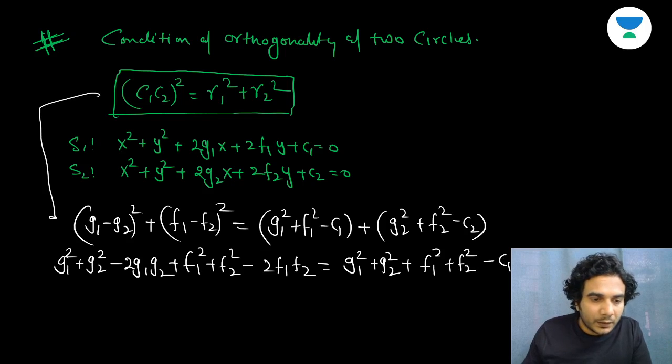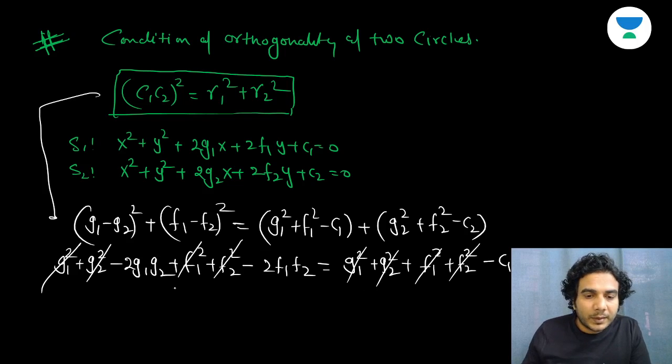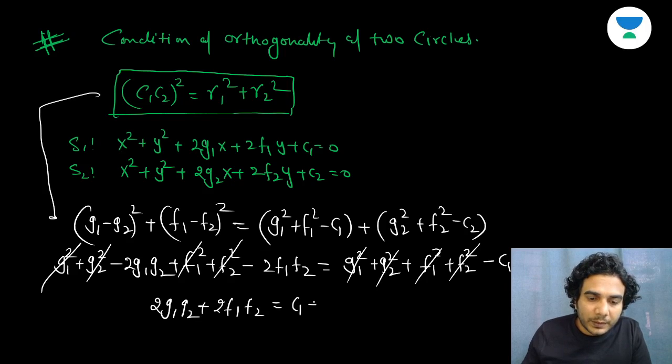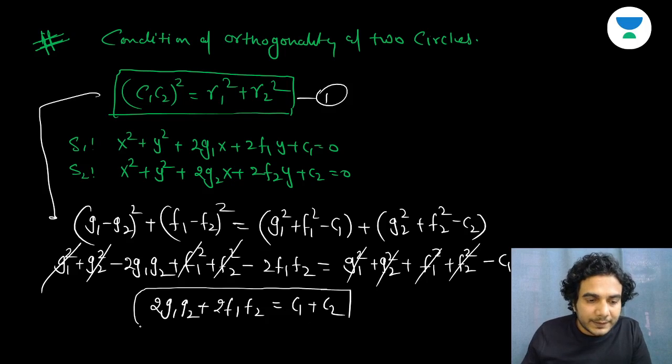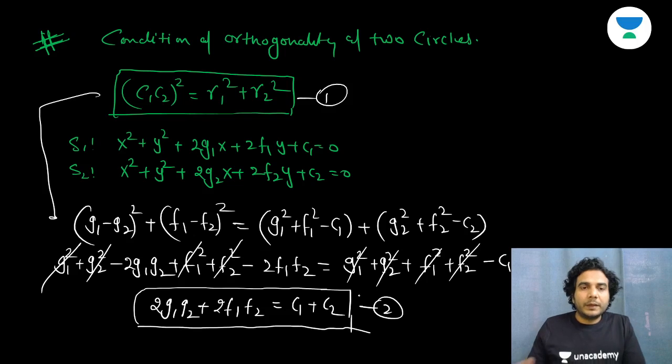The square terms cancel, and you can cancel the minus sign. So it is 2g1g2 plus 2f1f2 is equal to c1 plus c2. So in case general equations of circles are given, you can use this formula in this form also. They both are the same actually: formula number 1 and formula number 2.